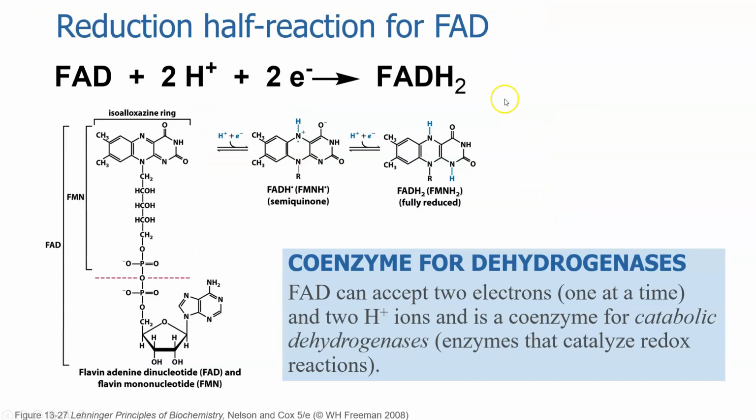You might not remember that when you look at FAD, when it becomes FADH2, I think it's obvious that we have 2 protons, but we also have 2 electrons that are also forming these bonds between the nitrogens and the hydrogens. So again, these are dehydrogenases, so we know that they're redox reactions. So when we're thinking about our answer, we should be thinking in terms of redox reactions and the kinds of things that are transferred.